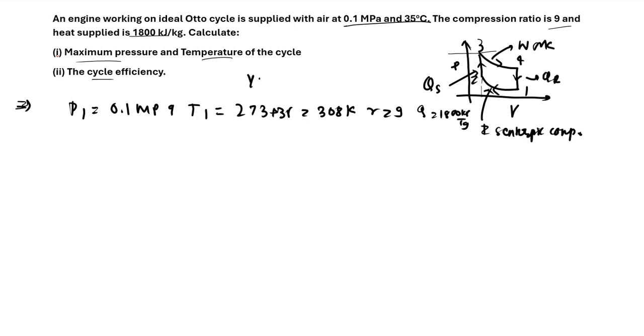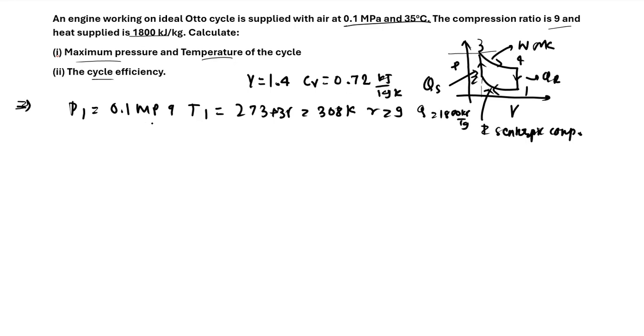And the value of gamma, if it is an air cycle, should be 1.4. And because this is a constant volume heat addition process, the value of Cv should be 0.72 kilojoule per kg Kelvin. So this is for air, and it is the value of Cv. You can check this also.